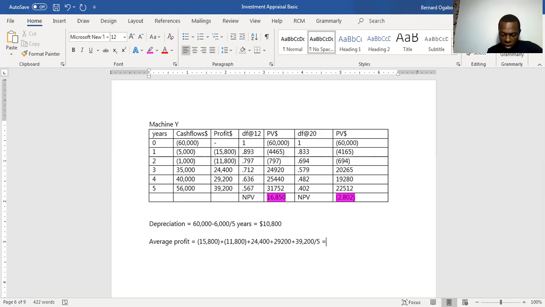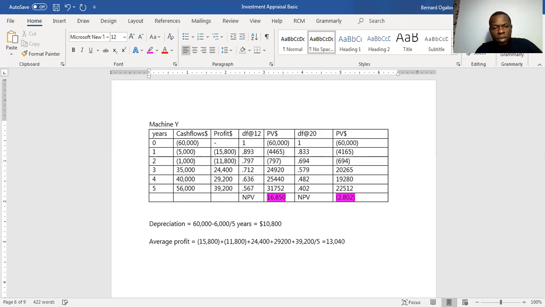So let's look at what it is. Minus 15,800 minus 11,800 positive 24,400 positive 29,200 positive 39,200. That gives me 65,200 divided by 5. That gives me 13,040.